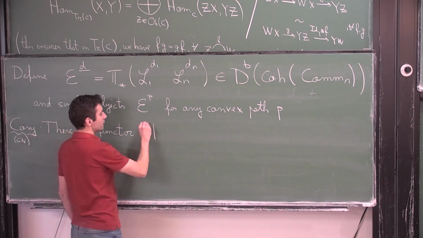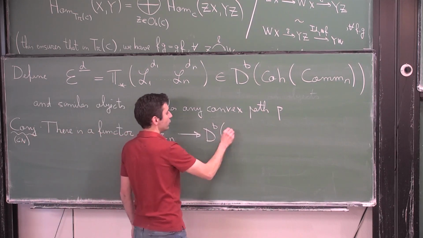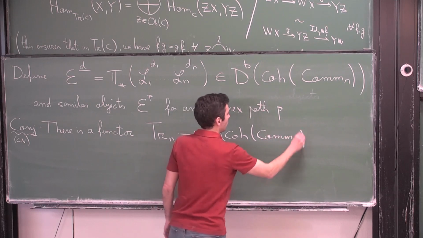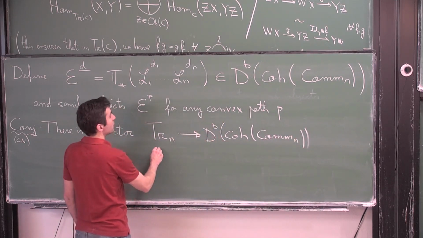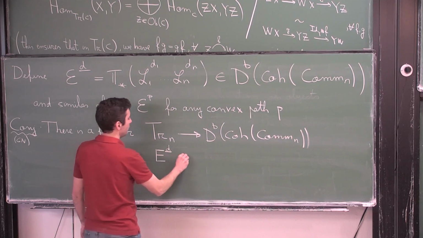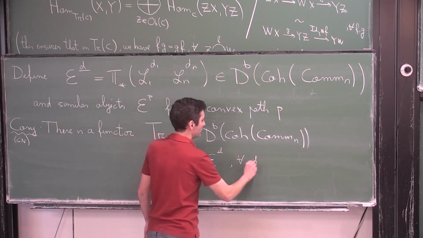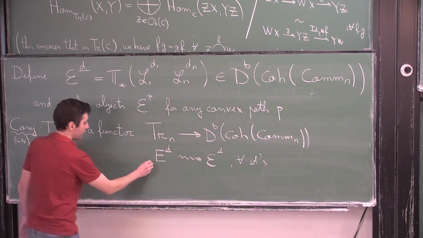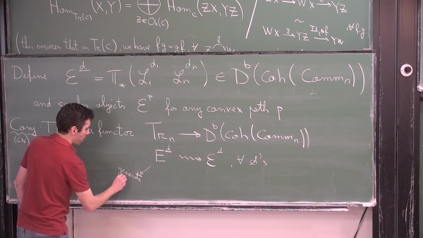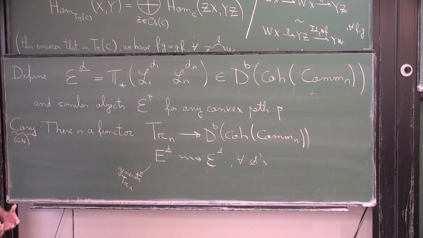There exists a functor from Ter n to DP, and this is the realization I was talking about, which sends ED to curly ED for all these. And if you recall, these things generated a trace. So this assignment completely describes what this functor does to objects.